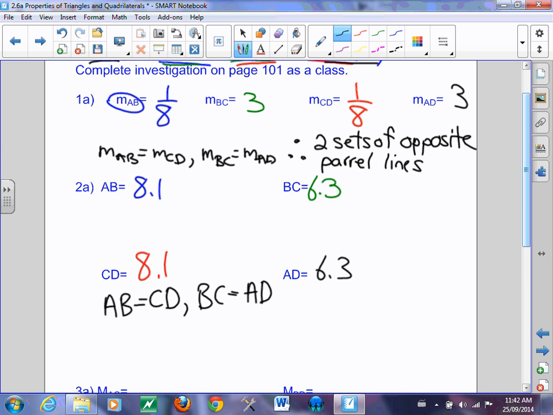Now, these are different than above, because above was slopes. These are lengths, right? So we're going to say, therefore, two sets of opposite sides are equal in length.